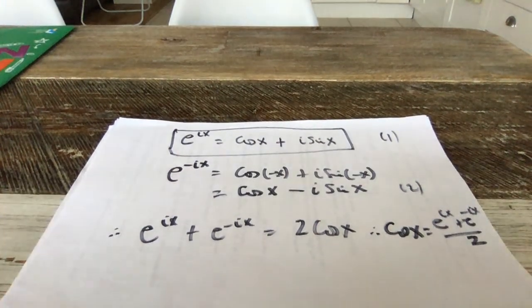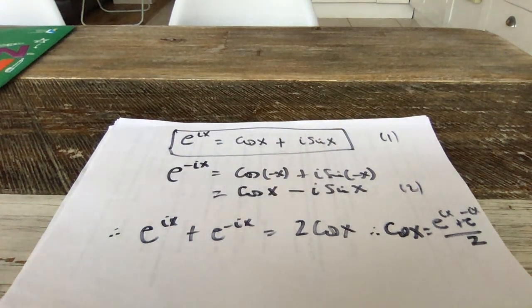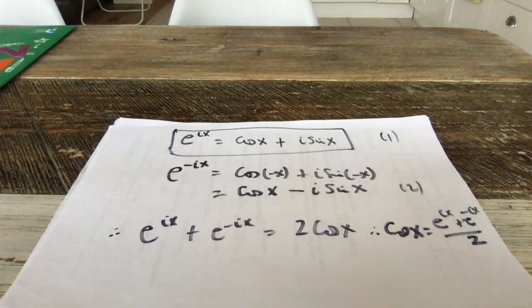You get this result, that cos x is the same as adding two complex exponentials, divided by 2. What? That is just too much. It's too weird, but it's true. So cos x is this, and then you can do the same thing for sine x.